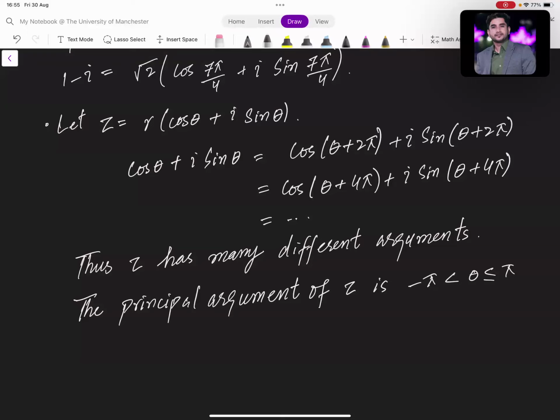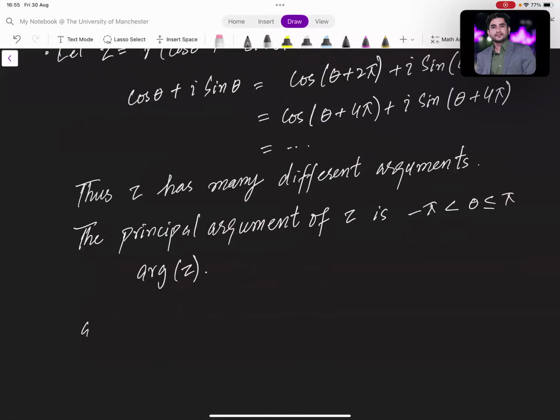And we call it argument of z. For example, argument of 1 minus iota is minus pi by 4.